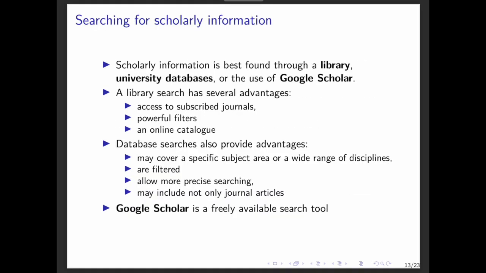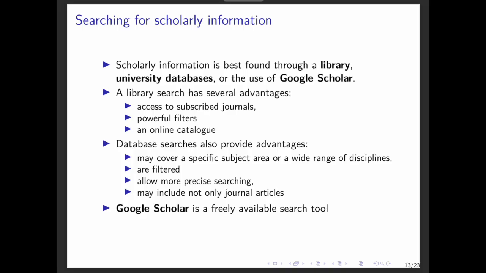The best places to find scholarly information are university libraries, databases, and Google Scholar. A library search gives access to subscribed journals, provides filters and tools to refine searches, and offers catalogs of additional resources. Database searches also have advantages.